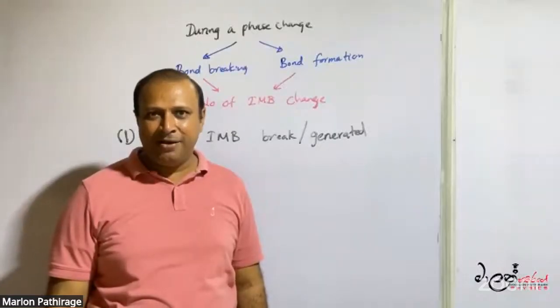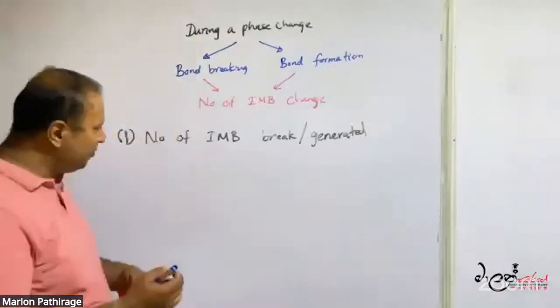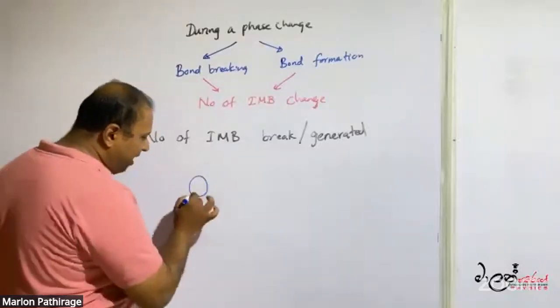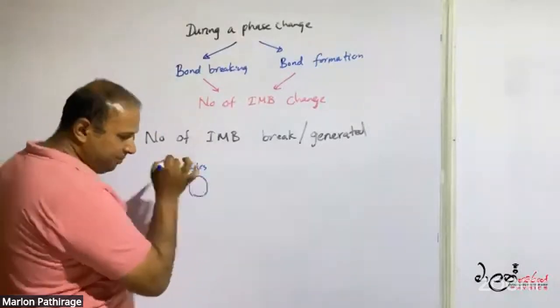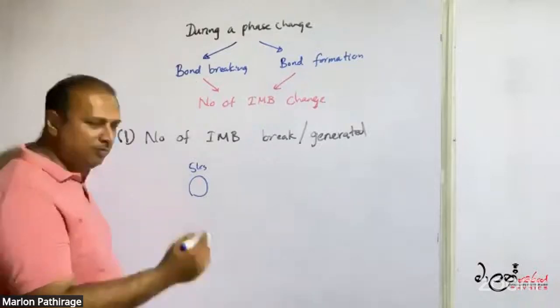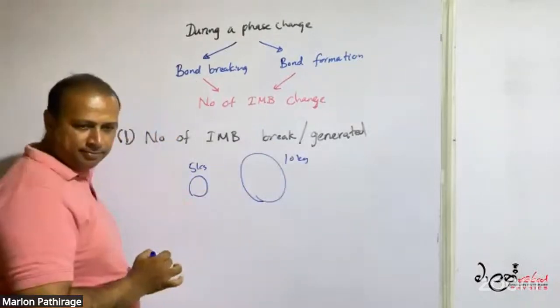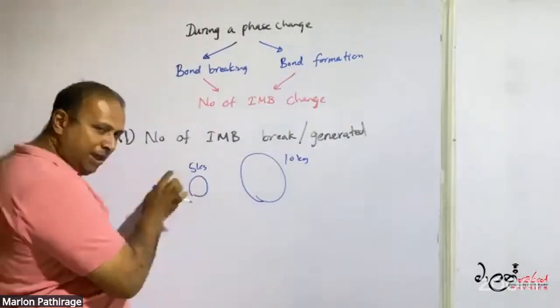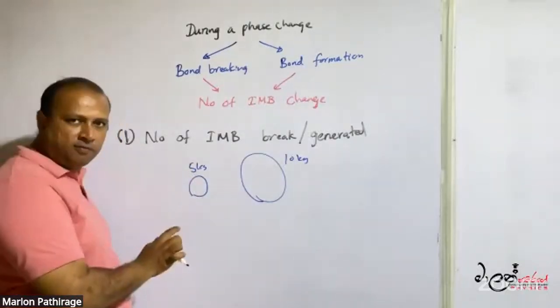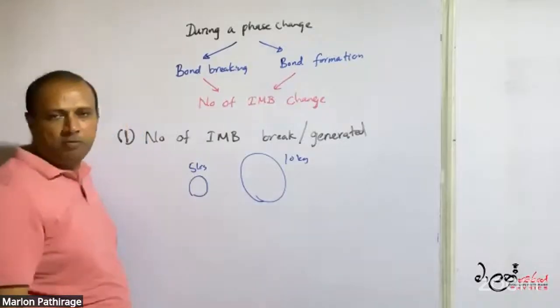Suppose we want to melt a 5 kg metal ball and a 10 kg metal ball.